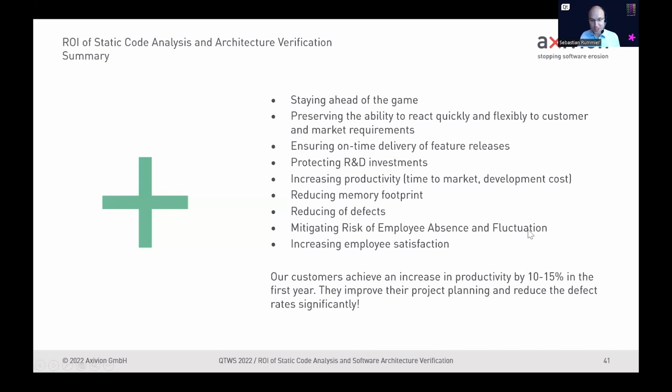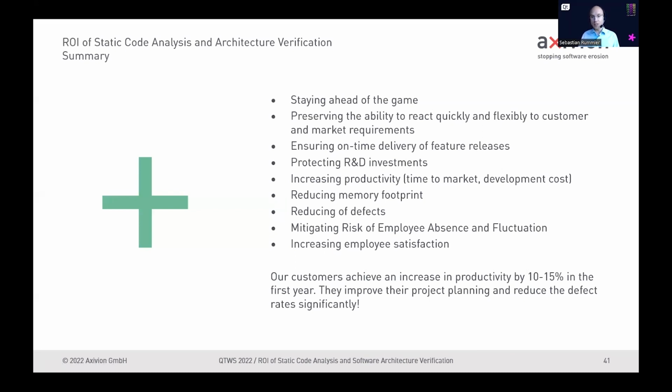And speaking of fluctuation, one thing that our customers tell us is that using all these tools increases employee satisfaction, because everyone wants to work on nice and clean software and doesn't want to run after bug after bug after bug. So overall, there's a lot of productivity increase, and those customers that measured it in the past come to a net increase in productivity of 10 to 15%.